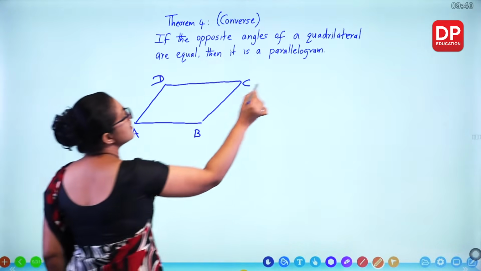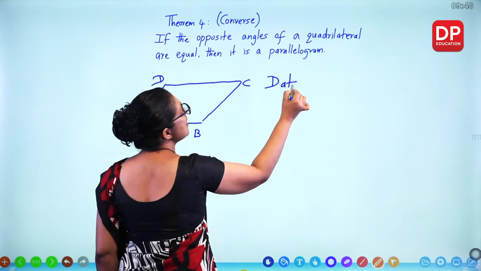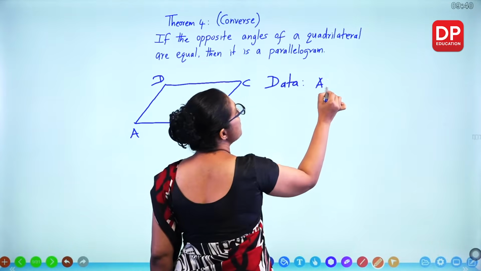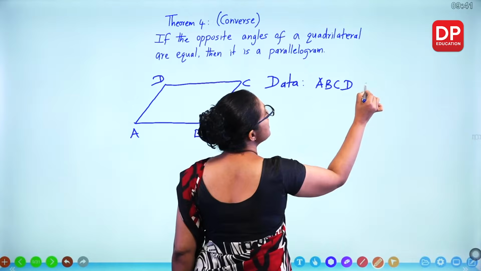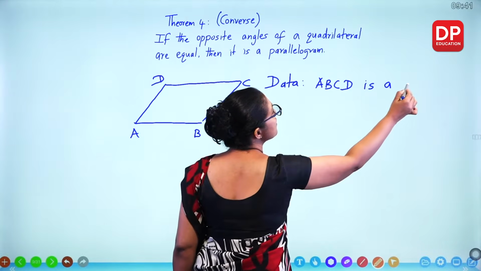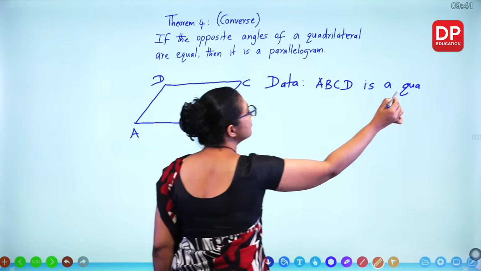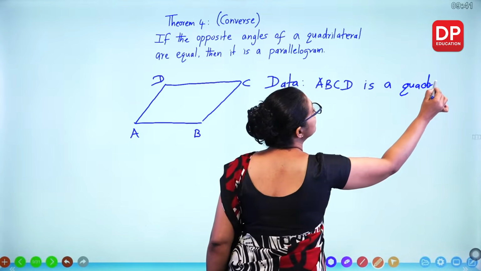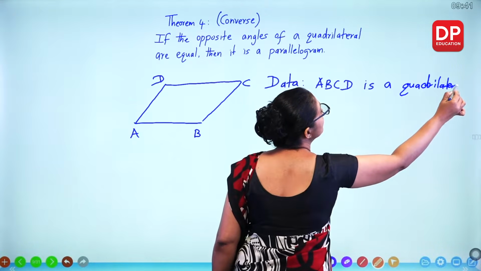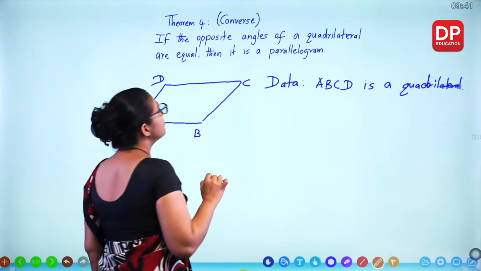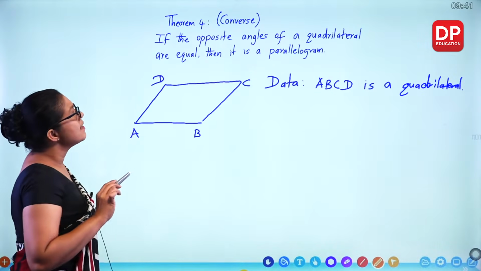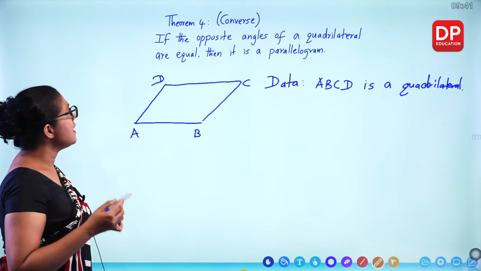And I'll write here data: ABCD is a quadrilateral. And it says opposite angles are equal.